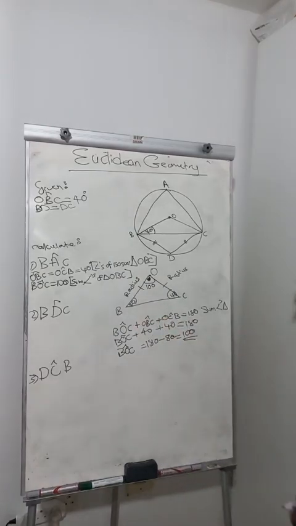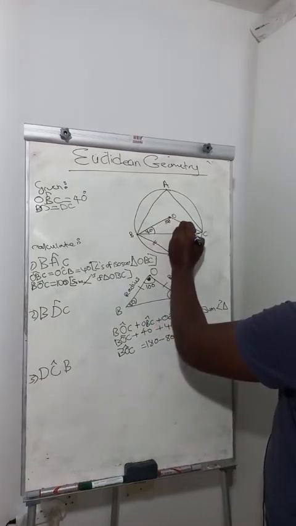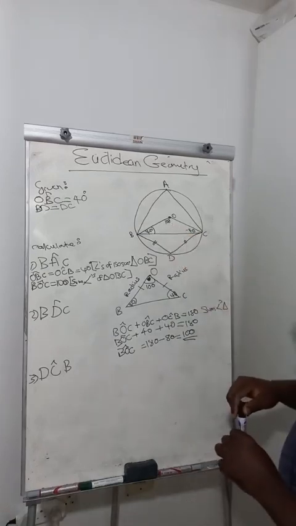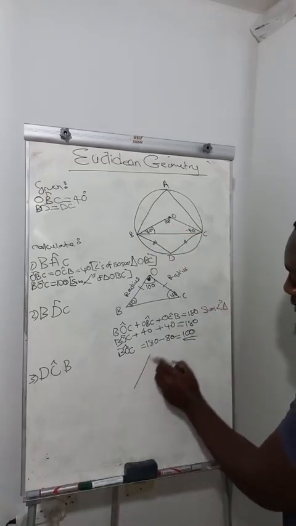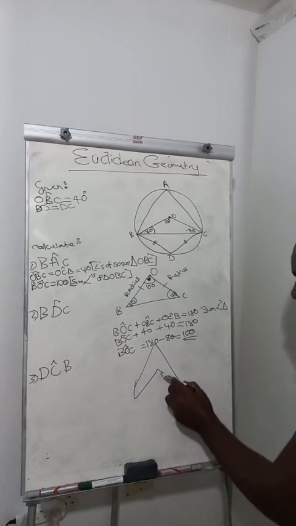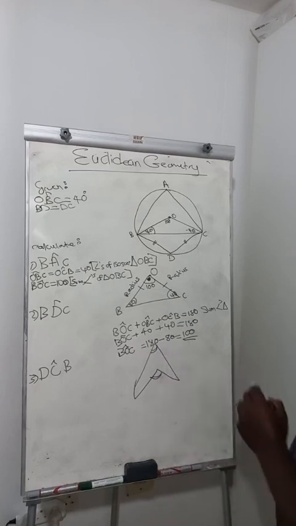Now, let's look at theorems. Here you're having 100. Also, you're having a 40 here. Do you see that here you are having something like this? Now it will say angle at center is twice the angle at the circumference.